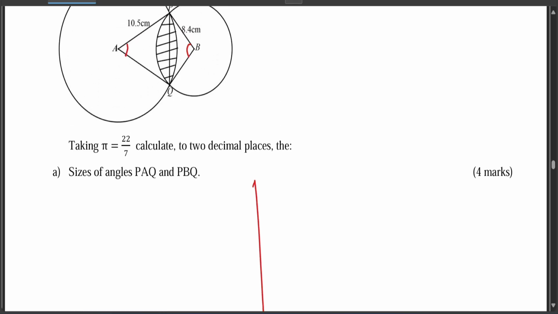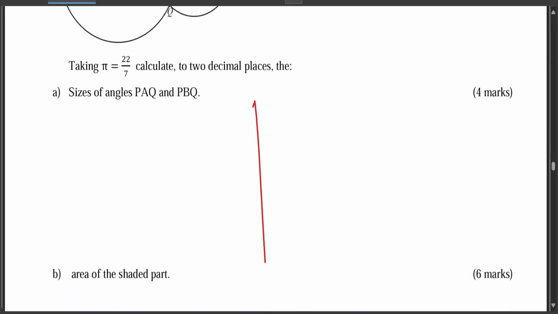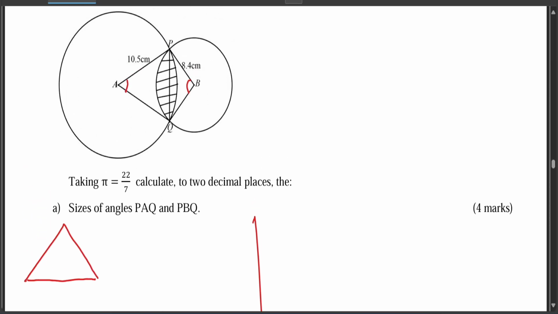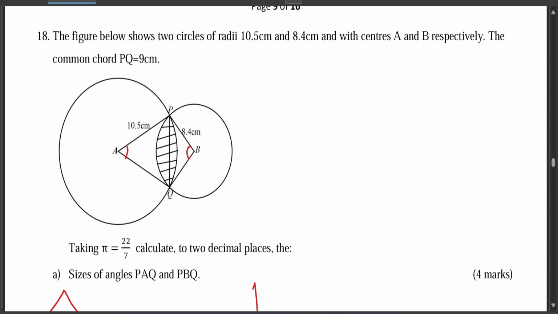So let's draw the two triangles, different sides. The first one looks like this. And remember, here it is 10.5, the other is 8.4. So the common chord, which is PQ, is 9 centimeters.